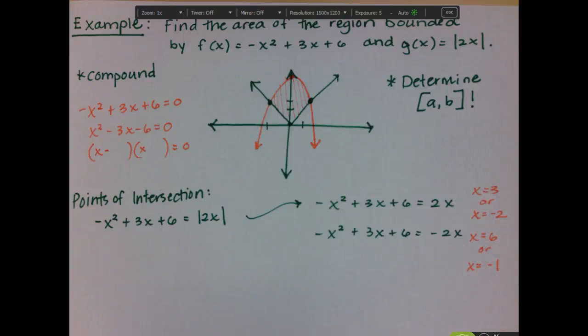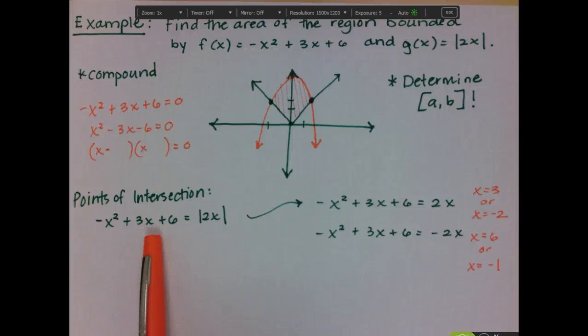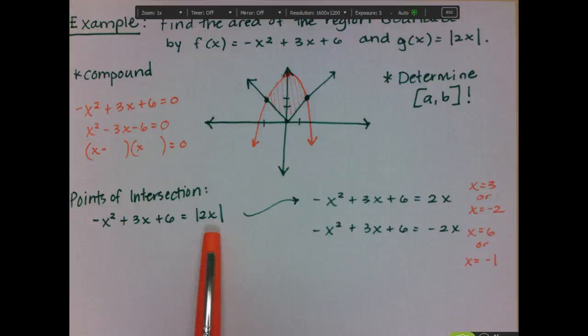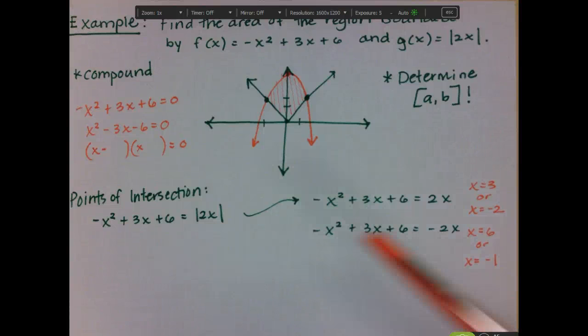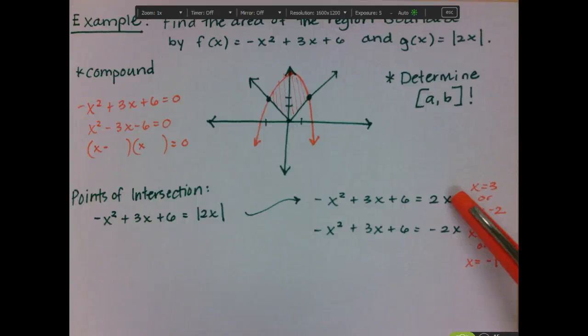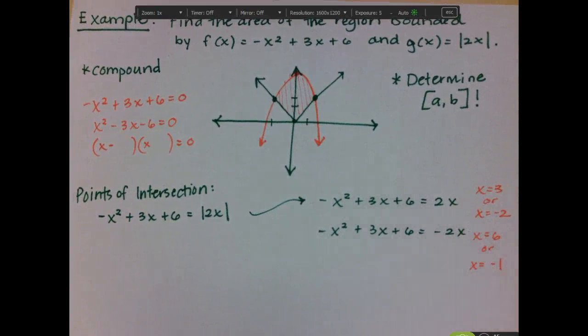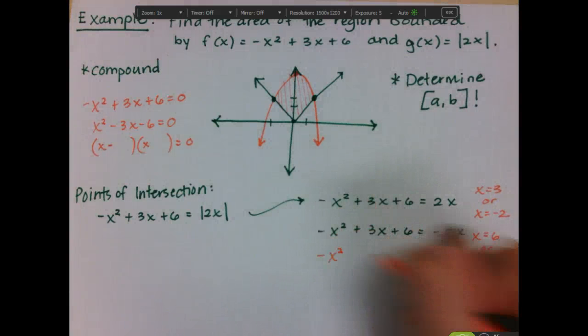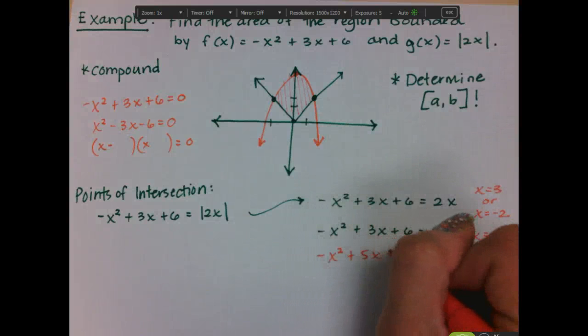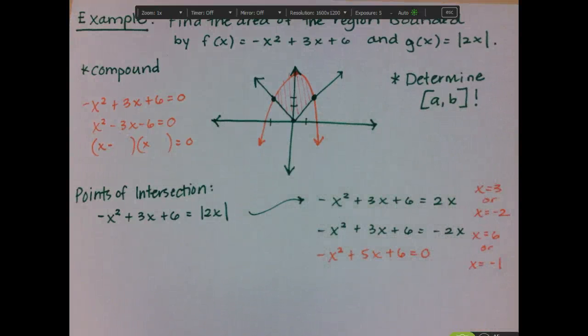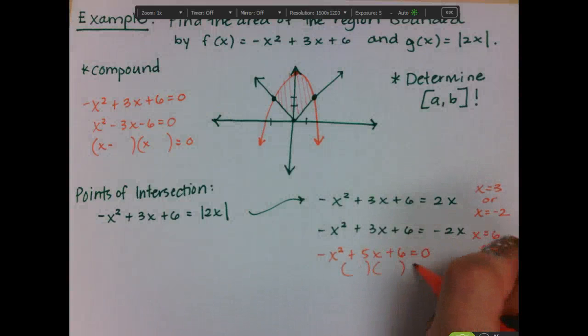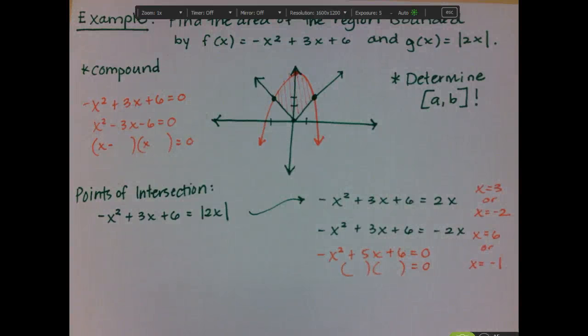And we're back to take a look at the points of intersection. So in order to find those, we could set the two functions equal to each other. And so we've got the quadratic function equaling the absolute value of 2x, which we would need to split up into 2x and negative 2x. And so remember, solving these, you'll want to get all of the like terms on one side, setting the whole thing equal to 0, and then you'll want to either factor or use the quadratic formula in order to solve.